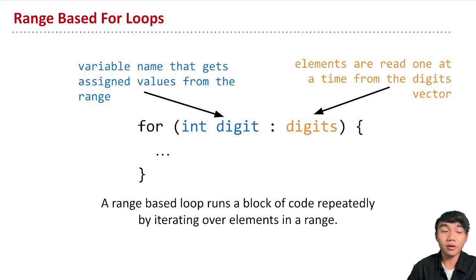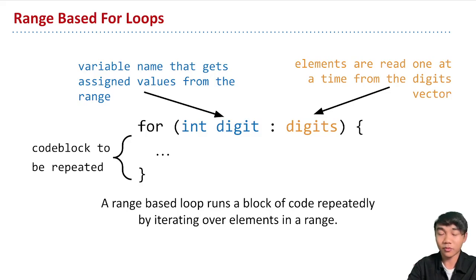And then we can run all the lines of code that fall within the curly braces. So that code block gets repeated for every element within the digits vector. So every time that we iterate, we're going to assign digit to one of the elements within the digits int vector, and then we're going to run the block of code. And we'll keep on doing that for every element in the int vector.